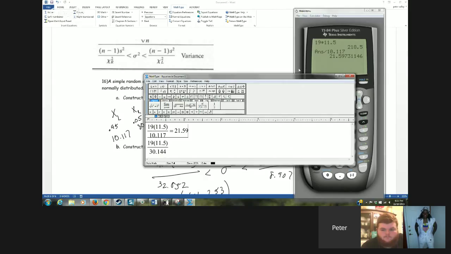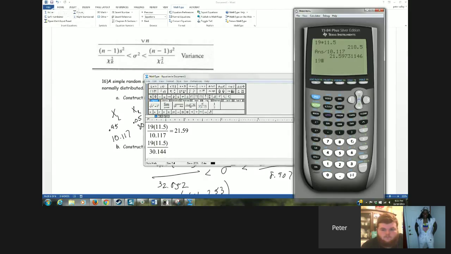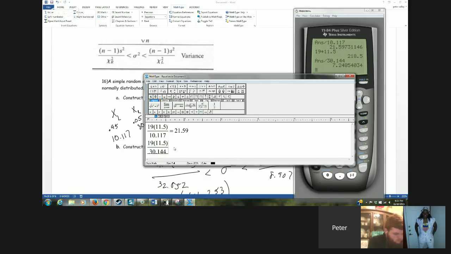And then do the other one, which is 19 times 11.5, and then divide that by 30.144. So that's 7.25.